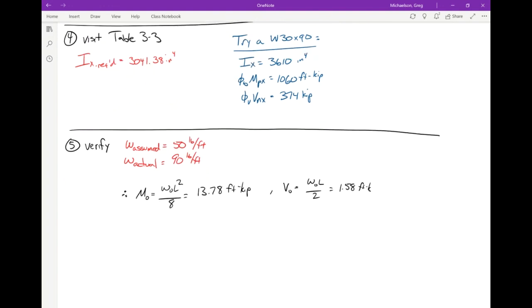Now, remember that MD was 183.75. ML is 350. VD is 21. And VL was 20. This is what we did in that last step.